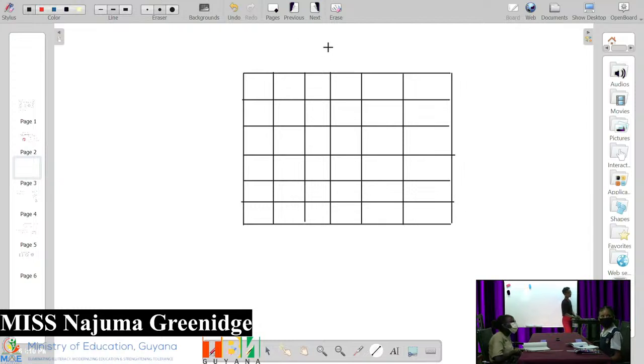So here we have 6 squares here. So this is where the idea came from. Right? So 6 squares here and 6 squares here. How many squares in all you have?